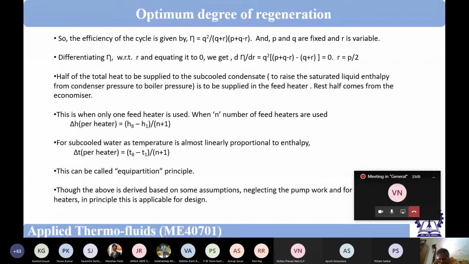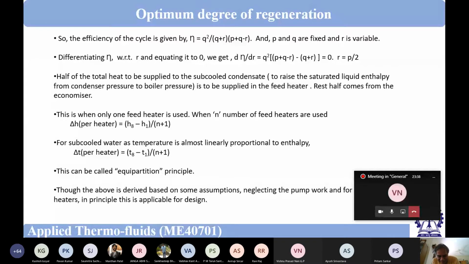R equal to P will be there for ideal regenerative feed heating, or ideal regeneration. The efficiency of the cycle will become equal to the Carnot cycle. Please listen carefully. But the work done by the cycle will be 0.